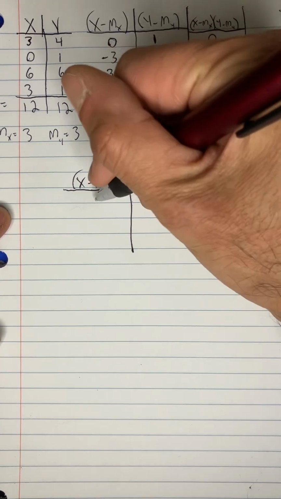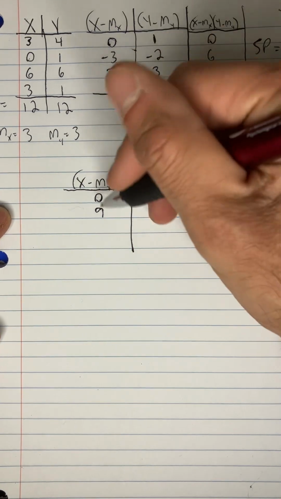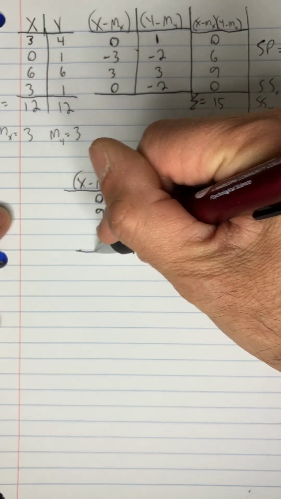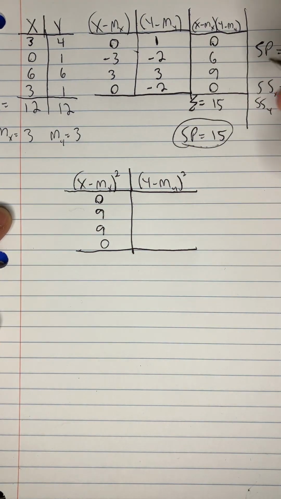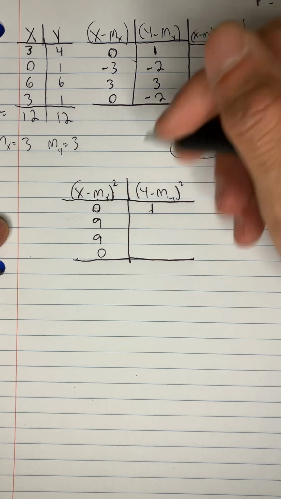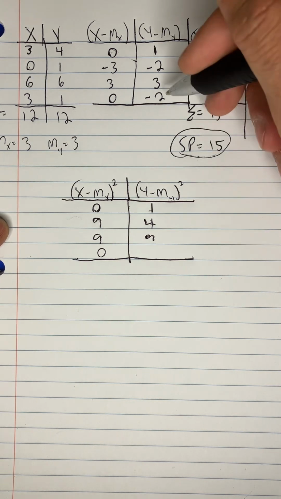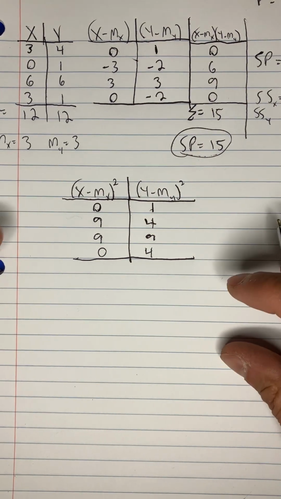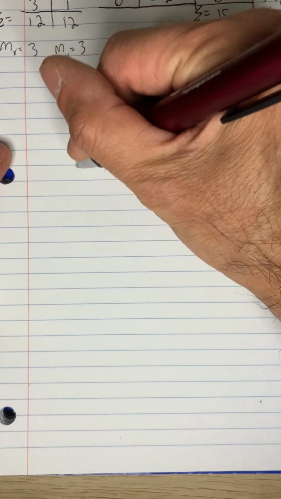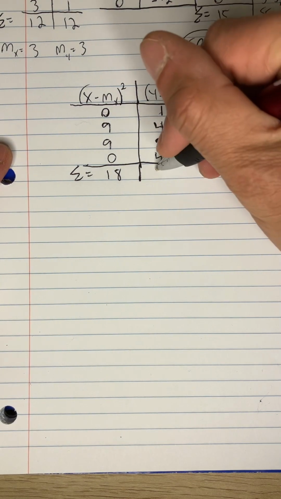So 0 squared is 0, 3 squared is 9, negative 3 squared is positive 9, 0. 1 squared is 1, negative 2 squared is positive 4, 3 squared is 9, and positive 4. So we have that the sums of these two things, that's 18, and this is also 18.